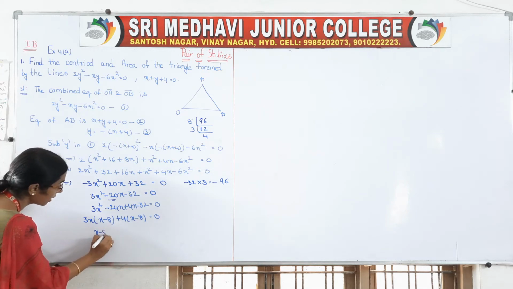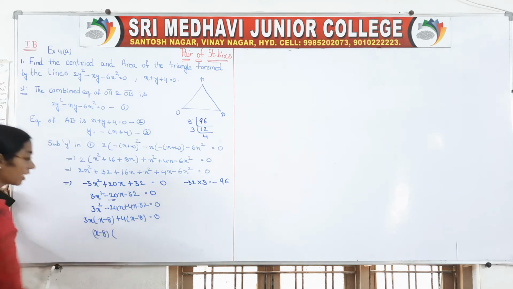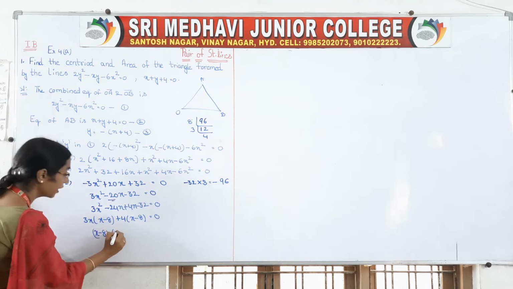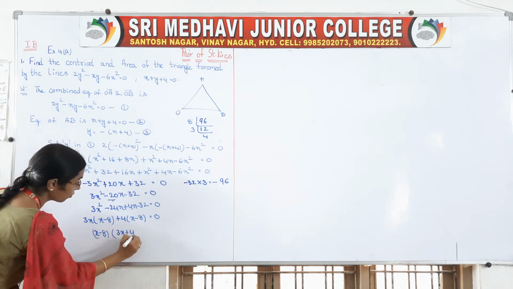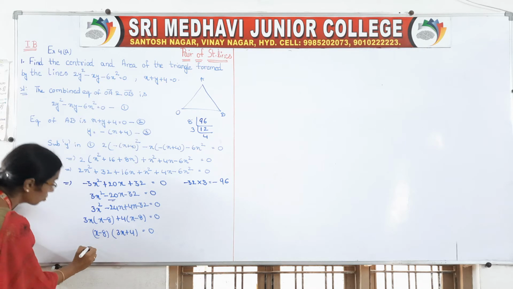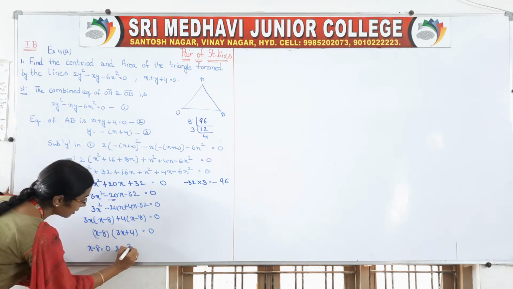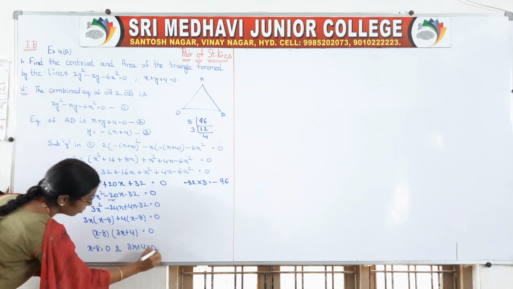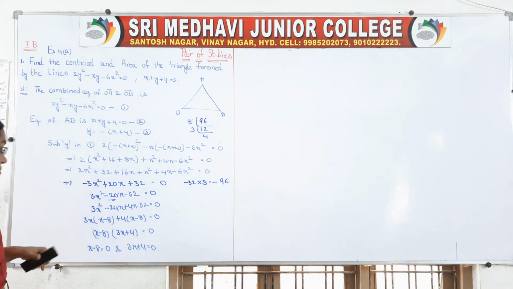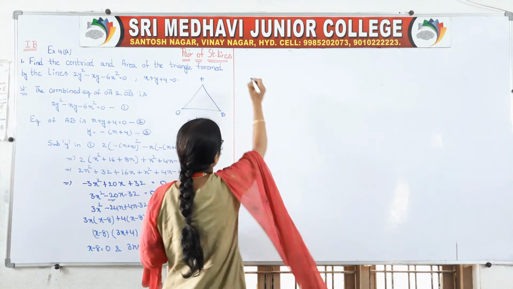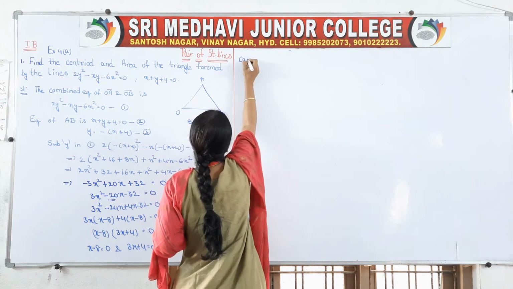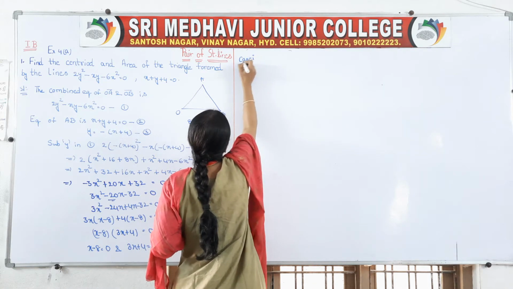So x minus 8 is common for both. We can take 3x plus 4 is equal to 0. So x minus 8 is equal to 0 and 3x plus 4 is equal to 0. So we get two cases here. You take case 1 and case 2.